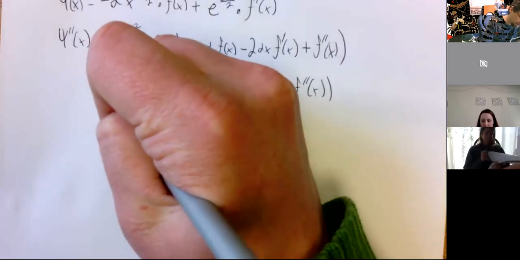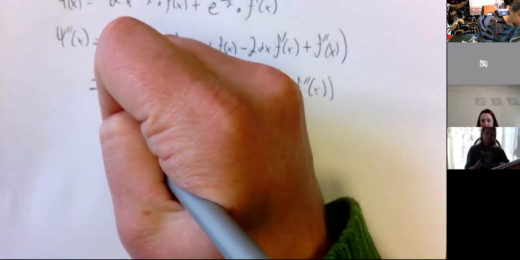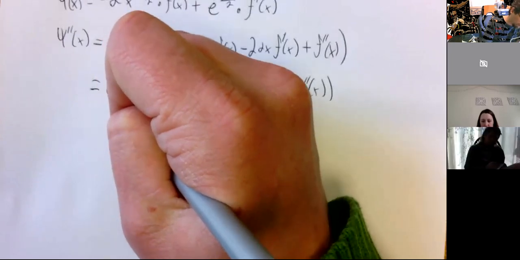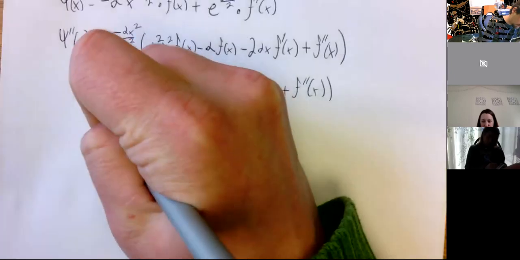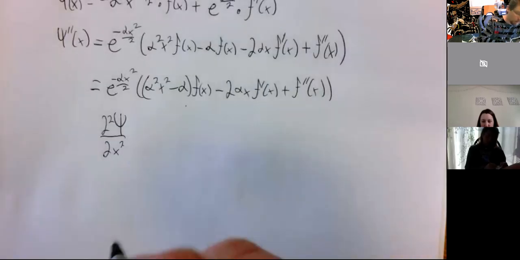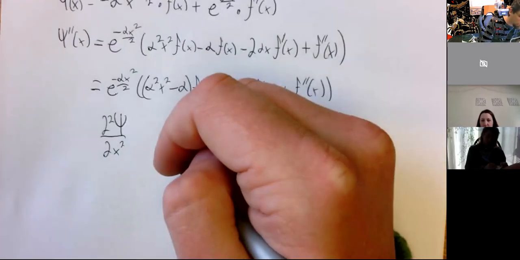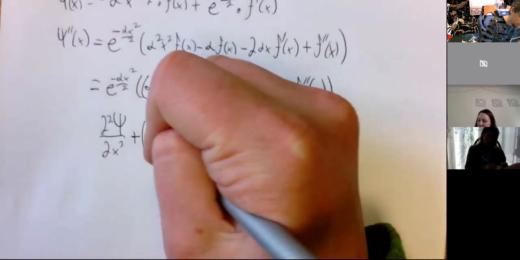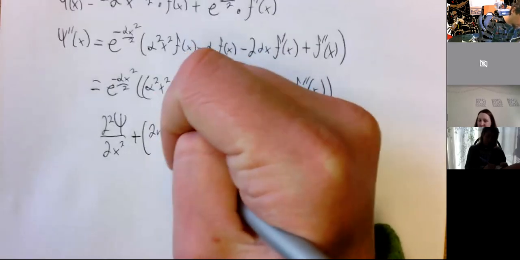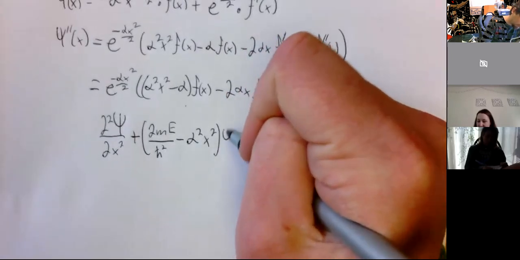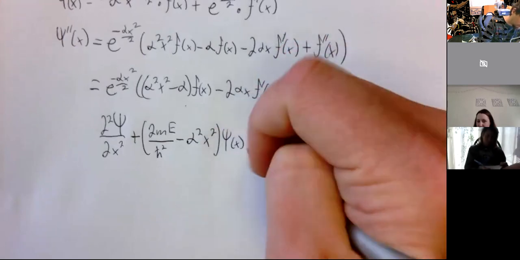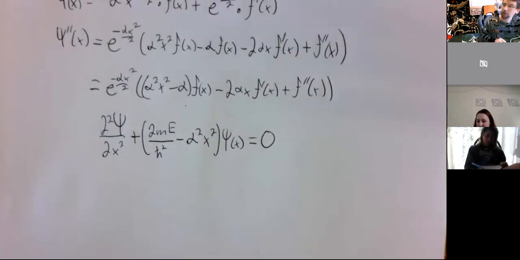Now we want to plug this into our Schrodinger equation that we found earlier, where we said everything was equal to 0. So we had psi double prime of x plus 2me over h bar squared minus alpha squared x squared times that wave function equal to 0.